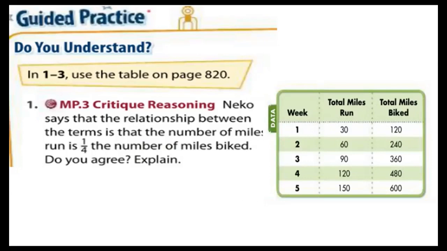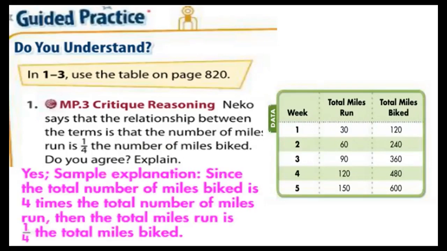Yes, sure. Why? Because since the total number of miles biked is 4 times the total number of miles run, the total miles run is 1/4 the total number of miles biked. So the relationship here is constant between the two, between the two elements, run or bike.